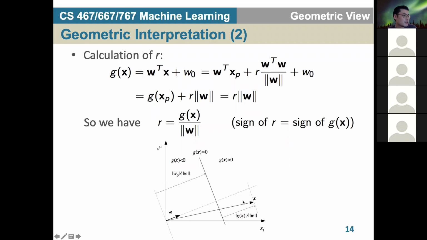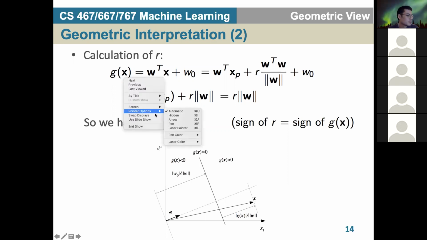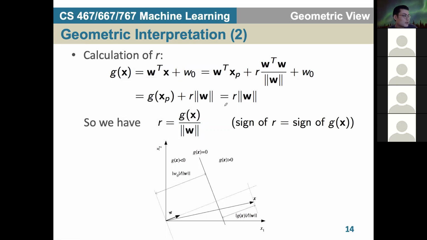So this is the distance from x to the point. R is really, if you look at these two terms, r times the norm of w is equal to g(x). Yeah, r equals g(x) over the norm of w. And one thing you need to pay attention to, this is a vector length, so it's always larger or equal to 0. That means the sign of r, whether it's positive or negative, really depends on g.